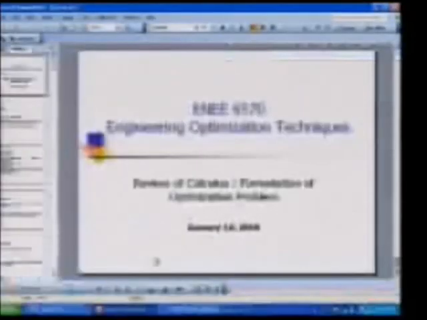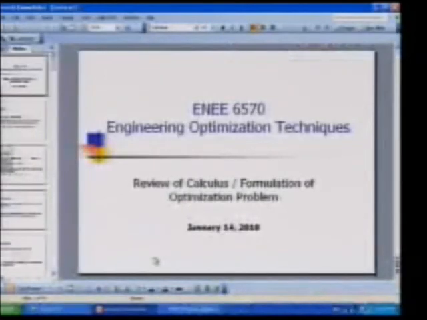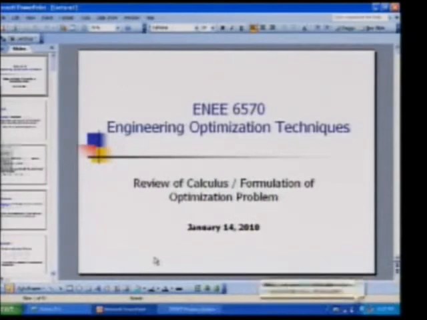These slides are available on Blackboard, and what I suggest you do is read the textbook first and then look at the lecture notes, trying to fill in the gaps.